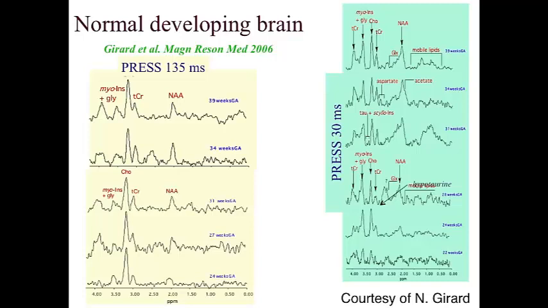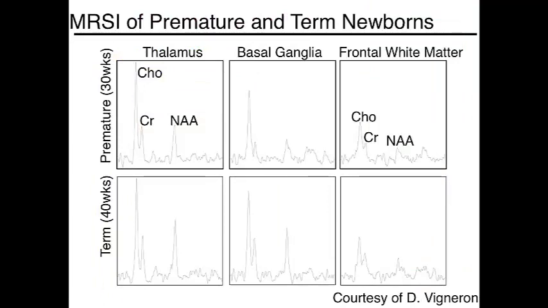And we can use both long echo spectroscopy as well as short echo spectroscopy, which, although it does let us look at other metabolites, is more technically challenging within the fetus.